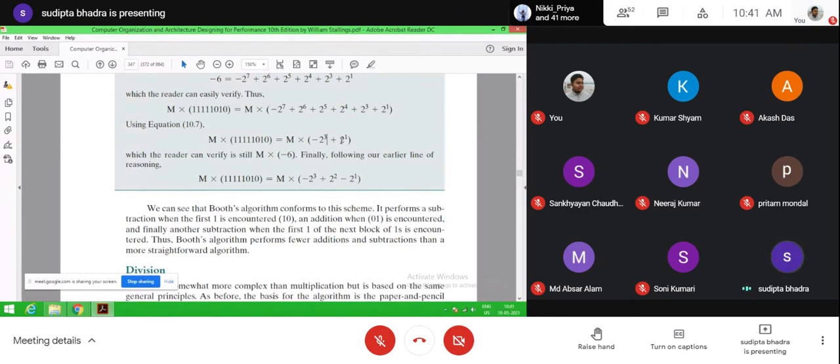Now here minus 2 to the power 1 plus 2 to the power 1 can be represented by 2 to the power n plus 1 minus n minus k. So that thing is done here.